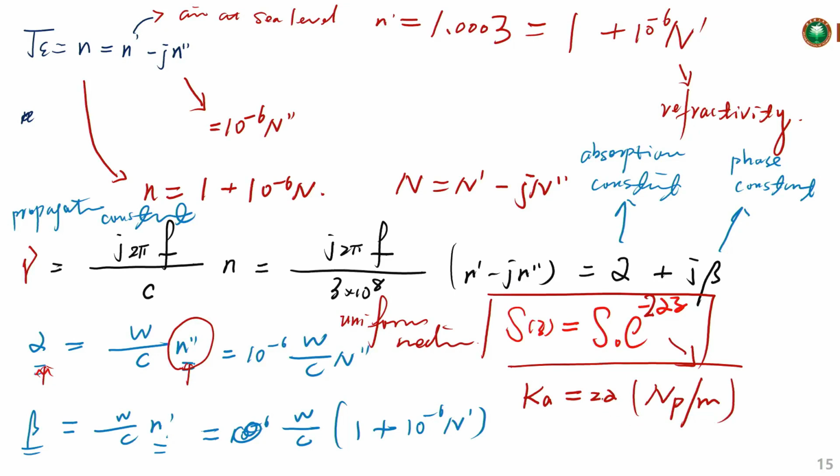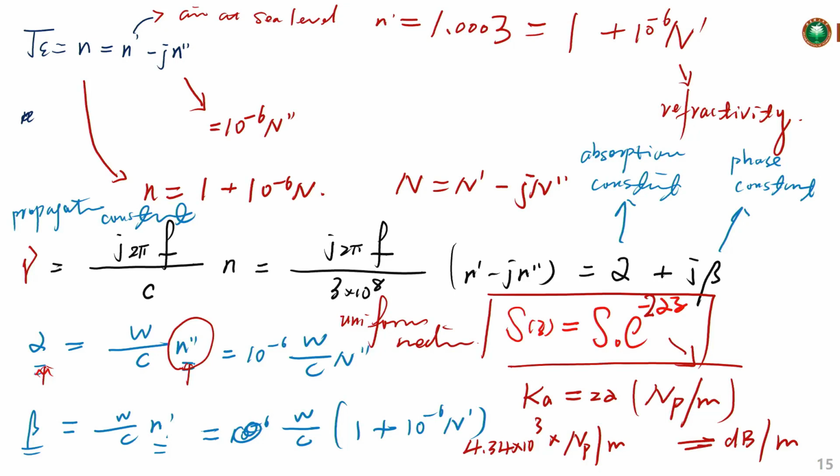However, if I want to express it in dB per meter, how do we get from Neper per meter to dB per meter? We need to multiply by 4.34 times 10 to the power 3, and that gives dB per meter.